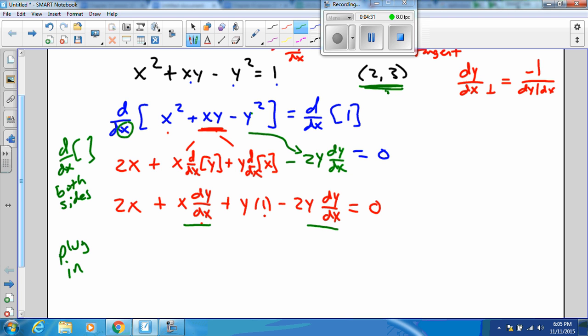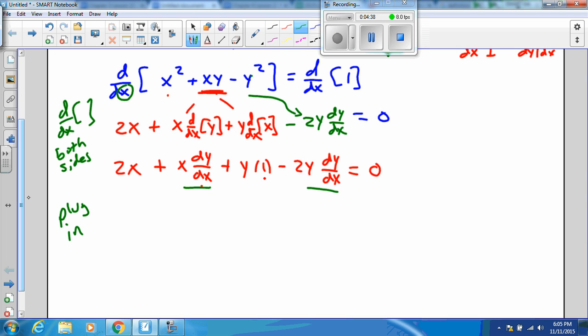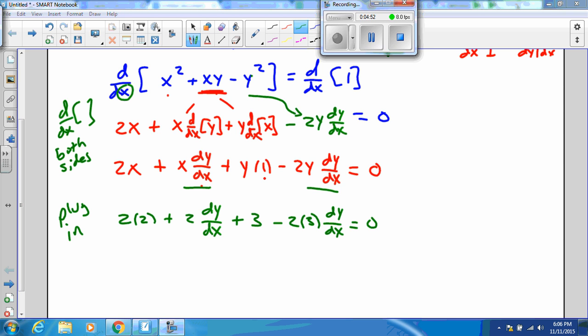Before I go solving, let me plug in to get this down to numeric form. At the point (2, 3), my x value is 2, my y value is 3, and so I'm going to plug in the x and y values. And now this gives me a fairly easy algebraic solve.